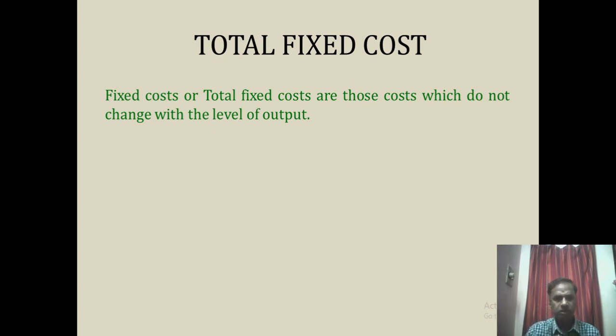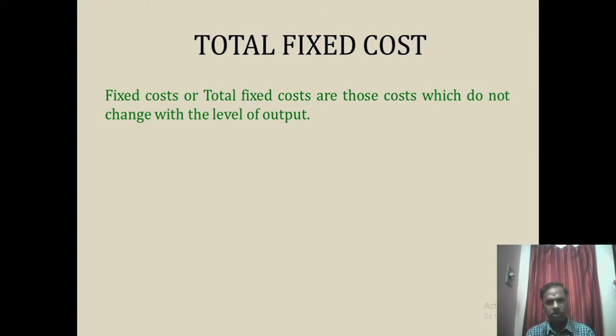So for example, the producer wants to start a business. For that, first he takes a building on rent, and immediately he cannot start the production. It will take 2 or 3 months. But for 3 months before starting the production, that is at the zero level of output, he has to pay rent.